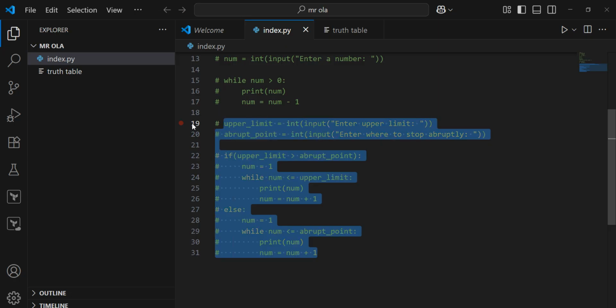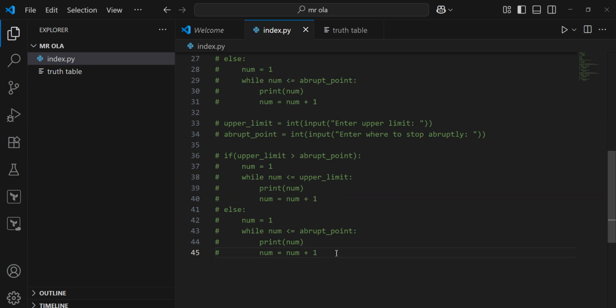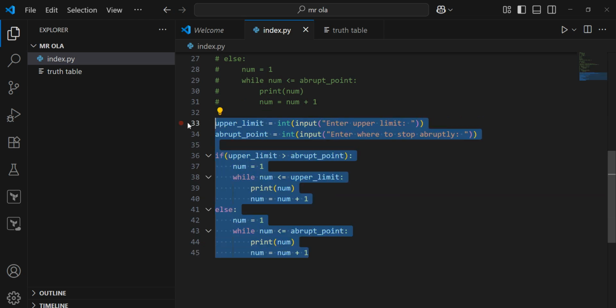Let's move on to what I had in mind, what I had in mind when I asked you the question. It is very similar to this anyway. The only difference is that it's the opposite of what we did: if the upper limit is higher than the abrupt point, it should stop at the abrupt point.